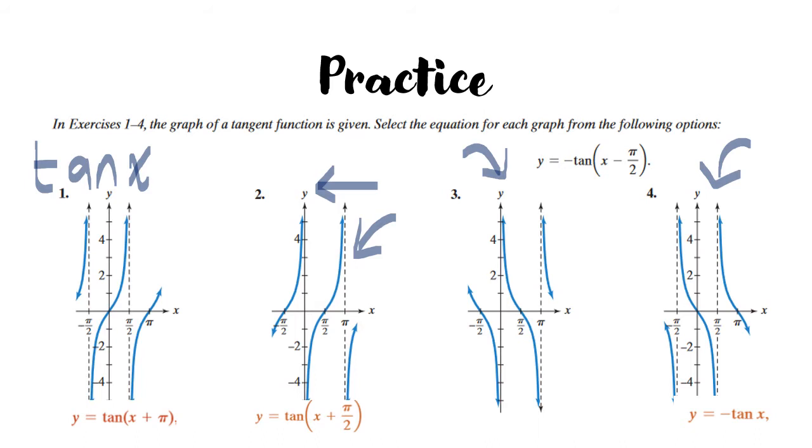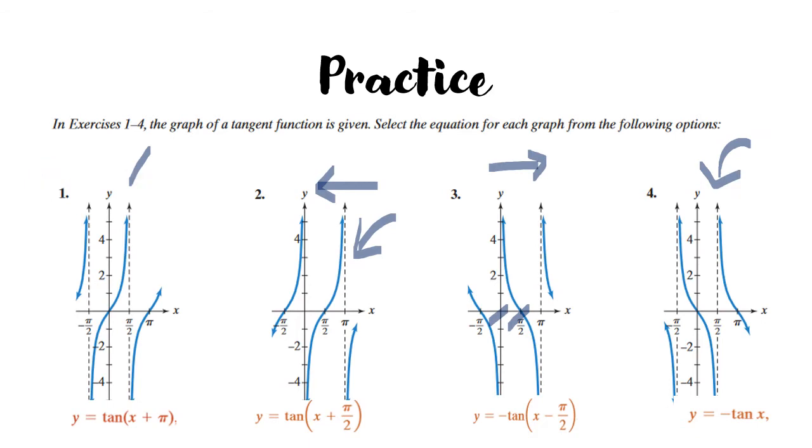So the point that was occurring at 0 now is occurring at pi over 2. So my graph moved to the right pi over 2, and not only that, it's also flipped. So this one is going to be negative tangent of x minus pi over 2.